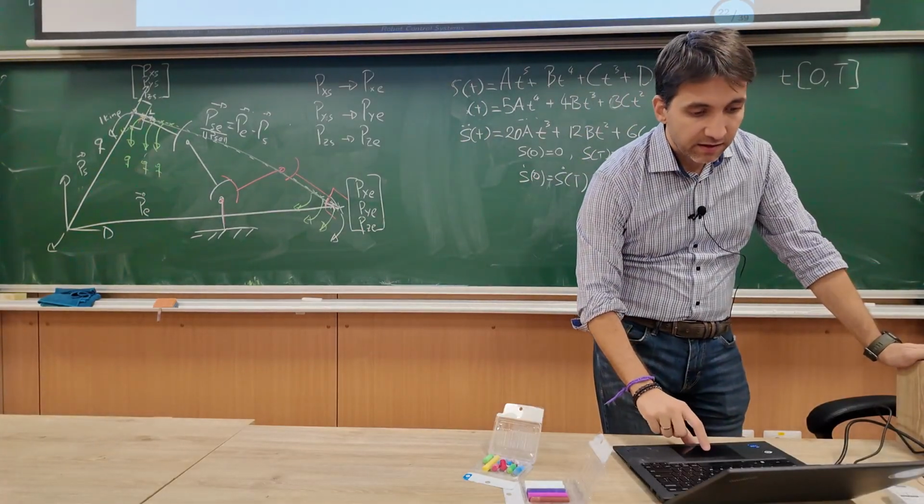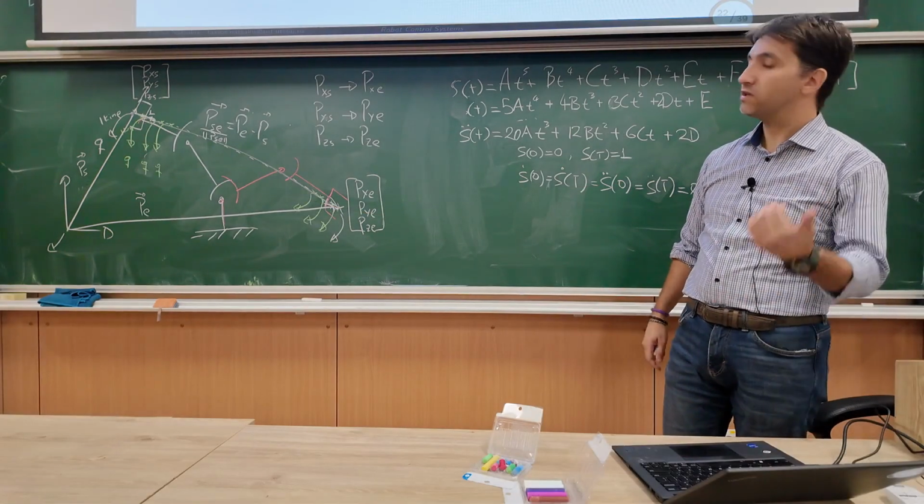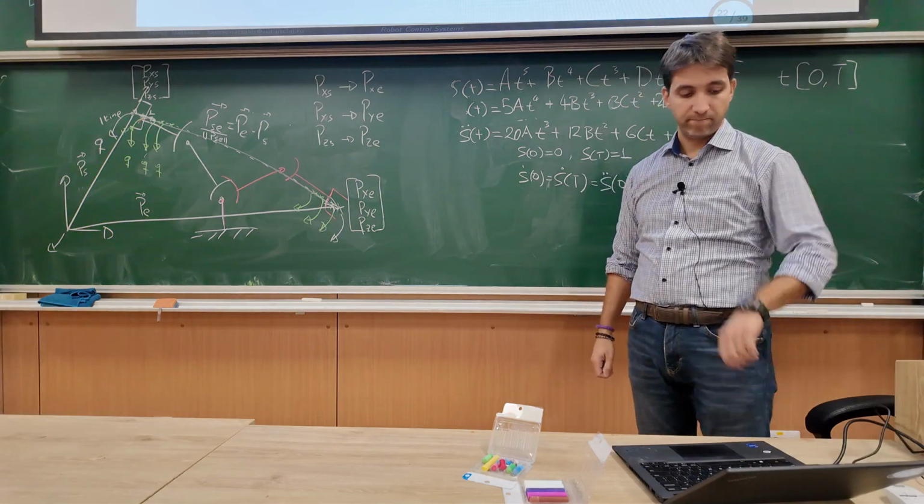And this gets translated into joint space interpolation, where I take these poses at certain moments and solve the inverse kinematics, so I calculate the joint coordinates for these poses. And if I connect these solutions together, I end up with trajectories for my joints. So in order for the robot end effector to do this, the joint coordinates have to do this, right? For this example that I plotted here.